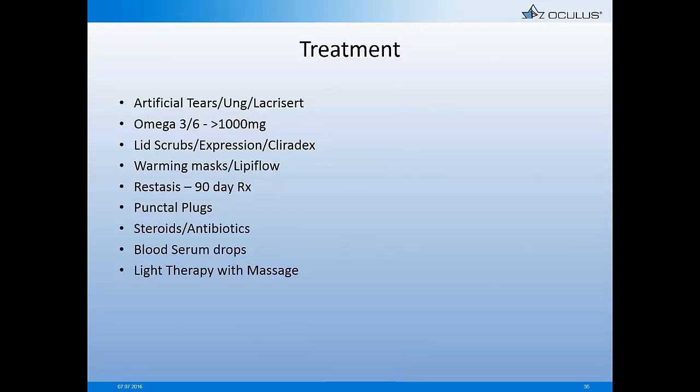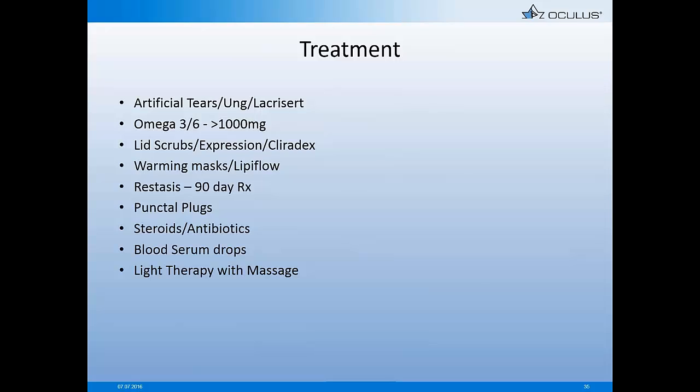If I don't get an improvement, then I typically am going to do the inflammatory test at the 2-week visit. If that comes back positive, then I'm going to start them on Restasis. I've become a big fan of Restasis in the last year. I have found that it's not as expensive for the patients as what I thought it was, that Restasis has some different programs that they can use to really decrease the cost.